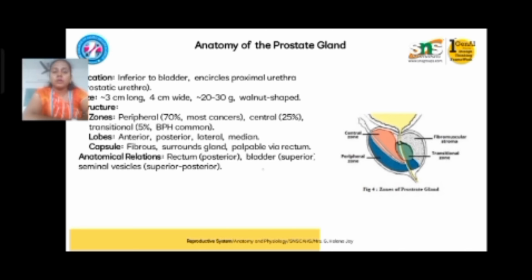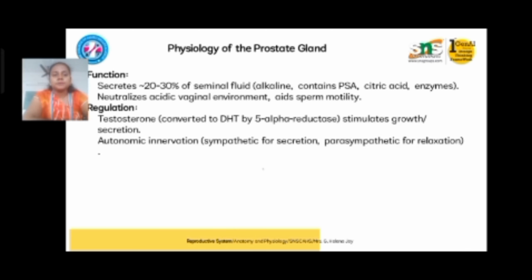There are four lobes: anterior, posterior, lateral, and medial lobe. It is surrounded by a fibrous capsule. The anatomical relations are the rectum, bladder, and seminal vesicles.